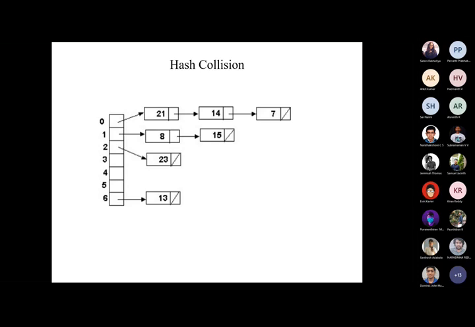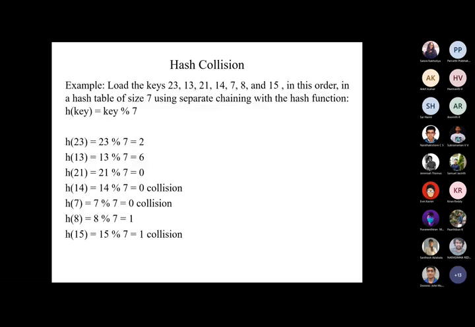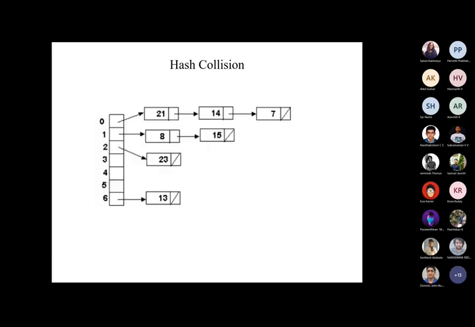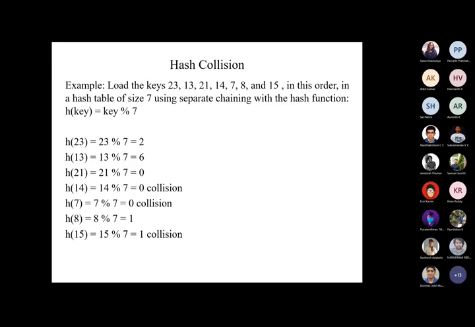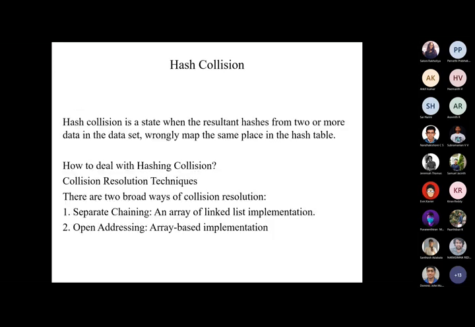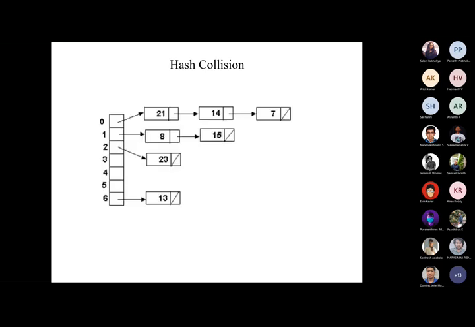Now 8 and 15. 8 mod 7 is going to be 1, and 15 mod 7 is going to be 1. So 8 and 15 correspond to bucket 1, and it is represented by means of a linked list. Again, for this input, 23 mod 7 corresponds to 2, so for the element 23 also you have a linked list representation with only one element.